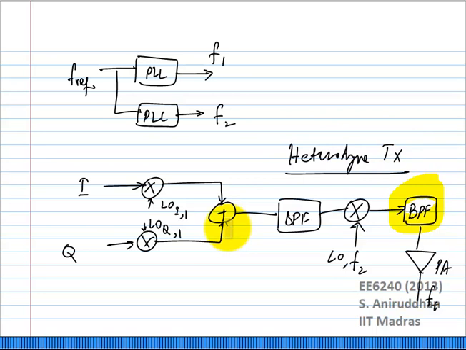For the second mixer, you actually get both omega 1 plus omega 2 and omega 1 minus omega 2. The omega 1 minus omega 2 term will need to be filtered out very strongly, because this is a transmitter. You cannot afford to be transmitting at frequencies other than what you are allowed to. So this band pass filter has to be really, really high Q. So this is a little bit of a brute force solution.